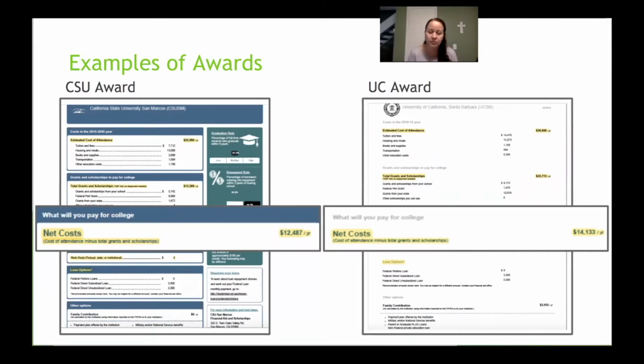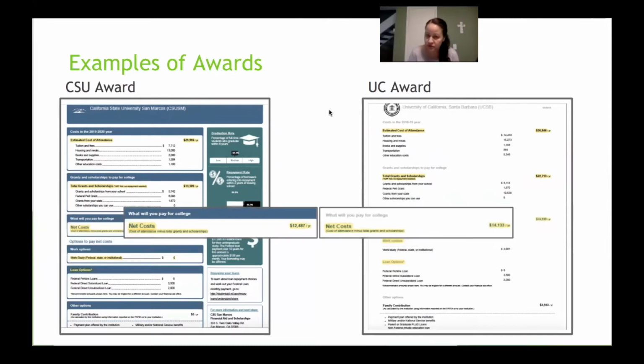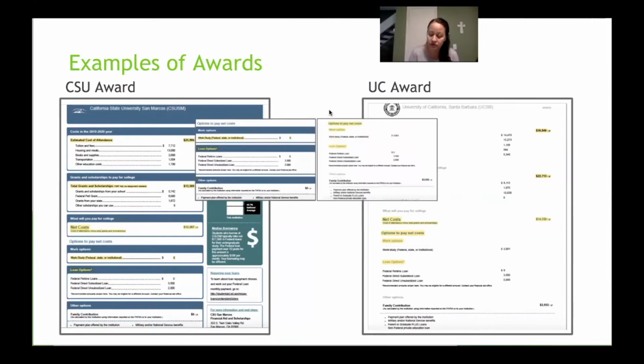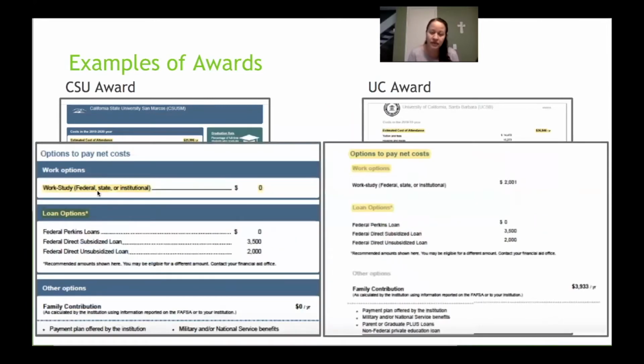There are a couple of options to pay those net costs. So these are a couple more terms you'll want to become familiar with. We have work study and we have loans. A couple things about work study: it's not guaranteed. So if you don't see it on your award letter and you're interested, you can call your college's financial aid office and ask if you can be considered for work study.